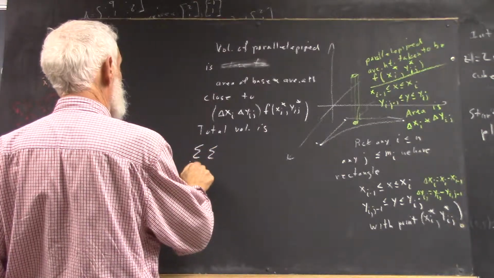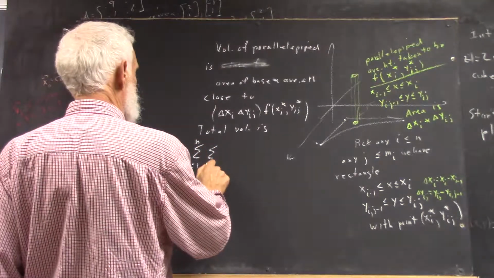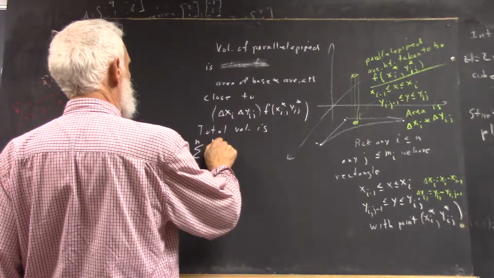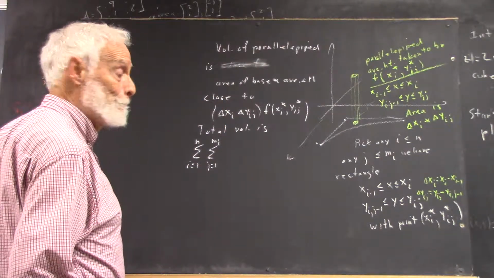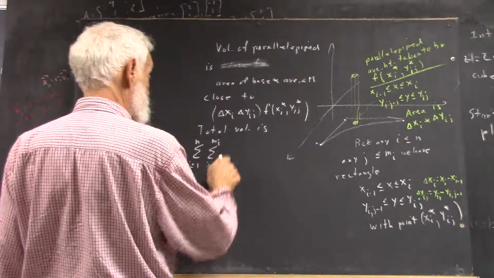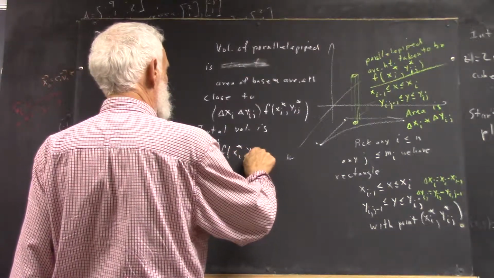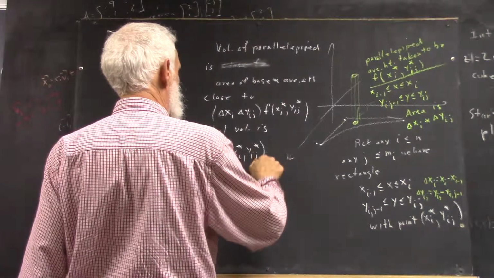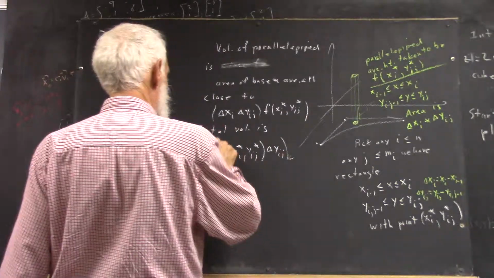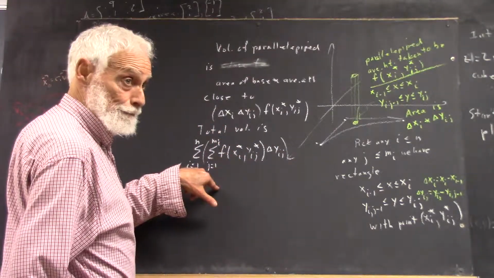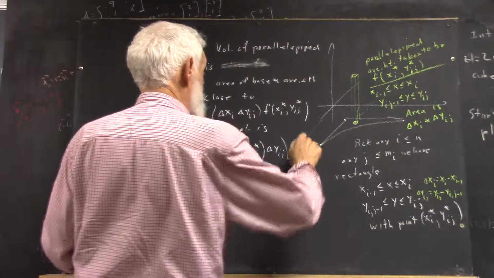You sum from i equals 1 to n, and for each i you sum from j equals 1 to m sub i, of this expression, f of x_i star, y_ij star, delta y_ij, because that's your sum for your y's, delta x sub i.